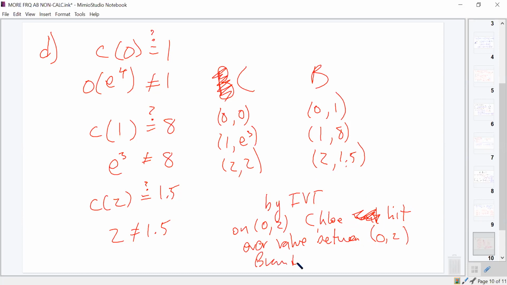Brandon, between 1 and 1.5, and therefore they must have crossed paths at some point in terms of velocity. And they gave you 2 points for that.